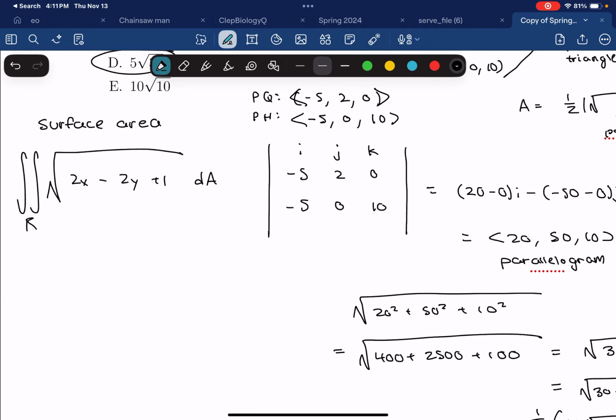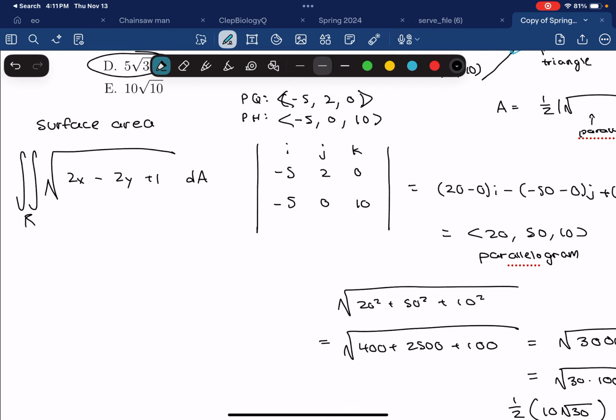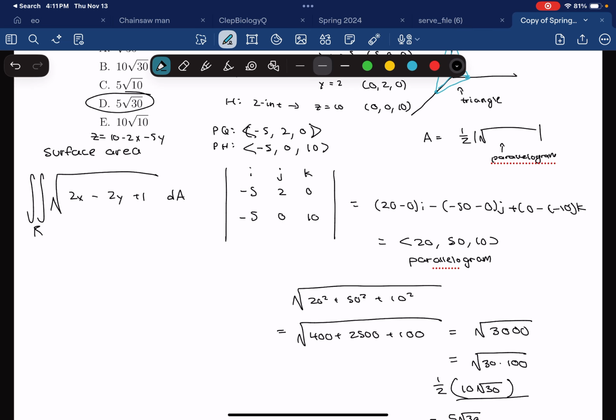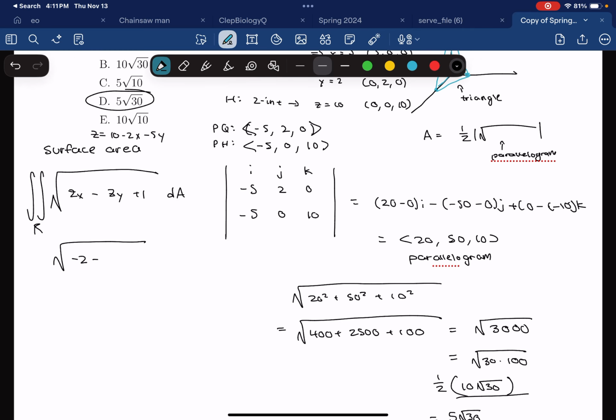So, what is z in terms of x and y? Well, we know that in this case, z is simply equal to 10 minus 2x minus 5y. So, the partial derivative of z with respect to x is going to be negative 2. The partial derivative of z with respect to y will be negative 5, plus 1 dA.